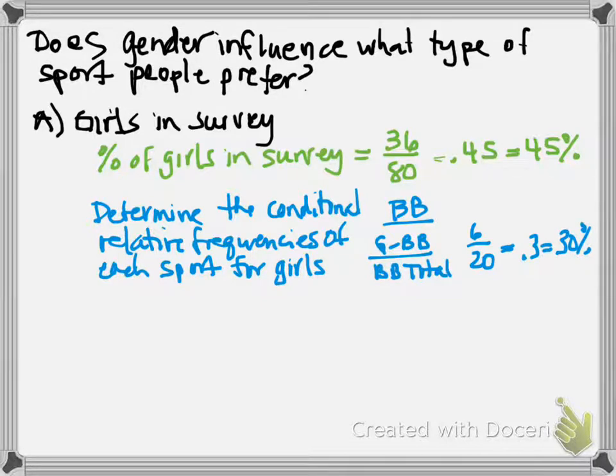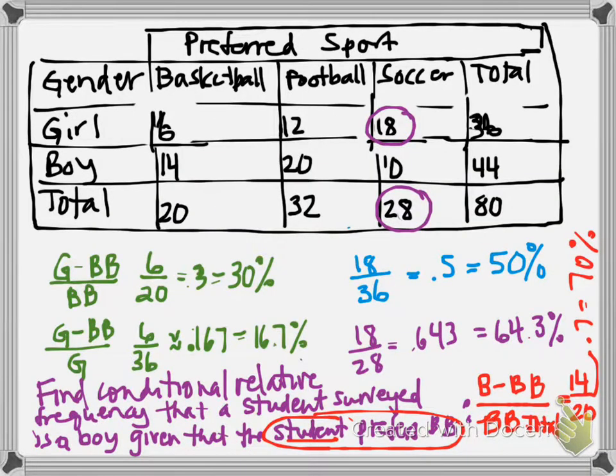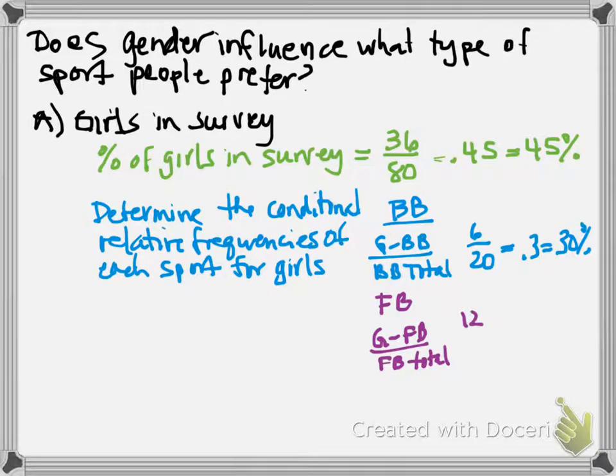Then let's do football. Again, we're going to choose girls who chose football over the football total. Looking back, the girls who preferred football were 12, and the total people who preferred football was 32. So those are two numbers, 12 and 32. After doing the math, you would get 0.375 or 37.5%.